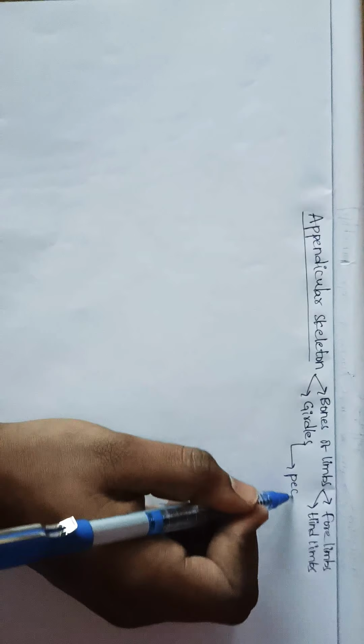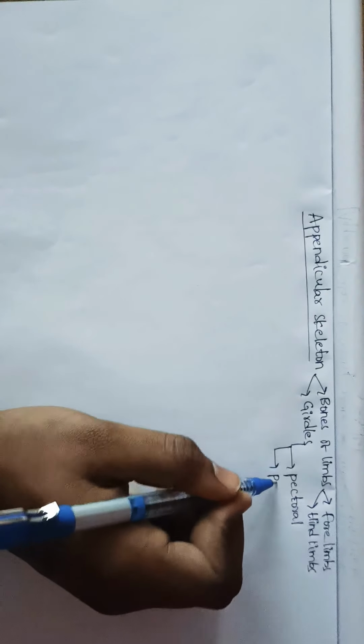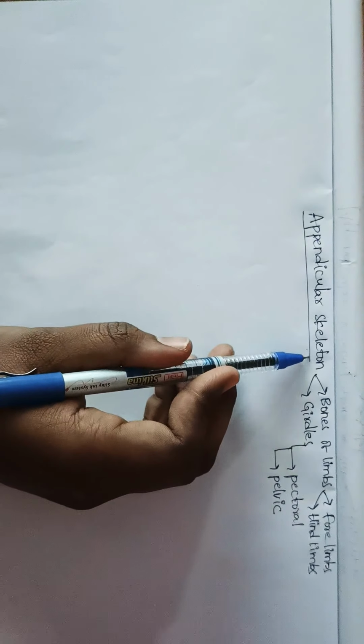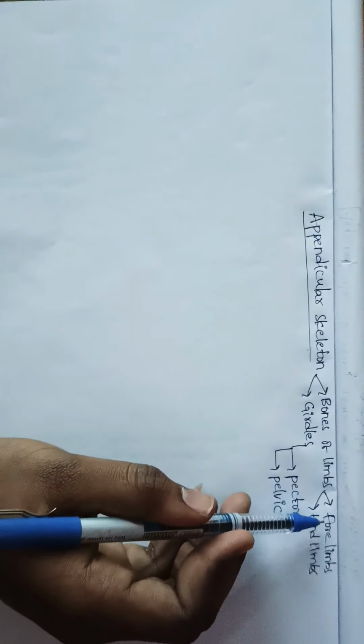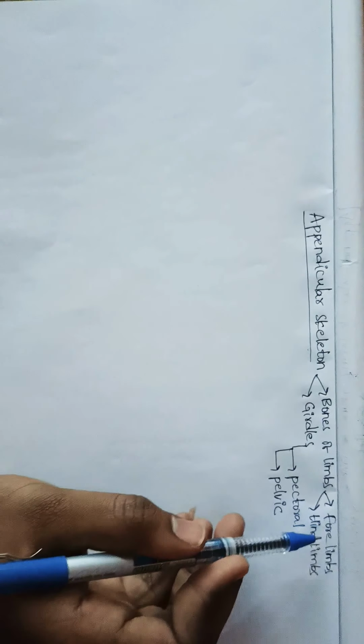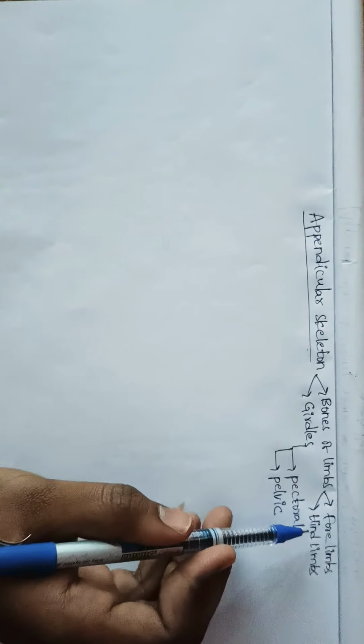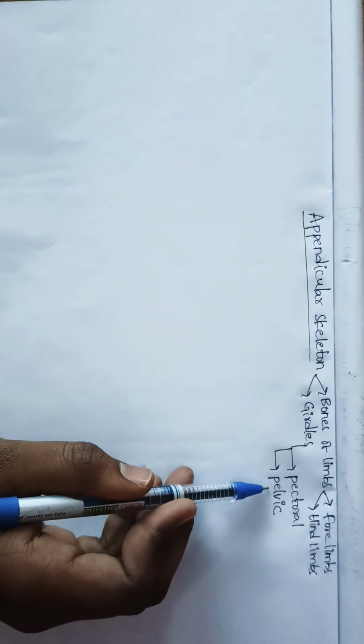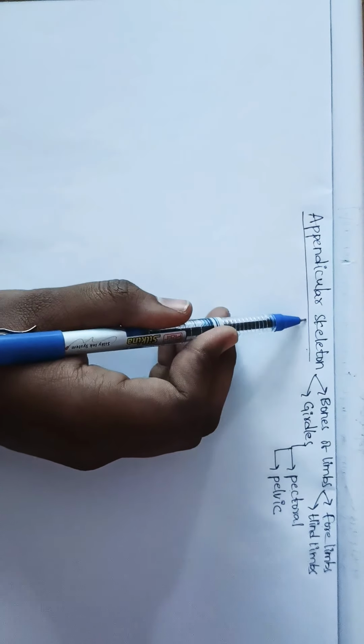Pectoral girdle and pelvic girdle. So the appendicular skeleton is the bones of limbs, that is the bones of forelimbs and hind limbs, and girdles, that is the pectoral girdle and pelvic girdle.